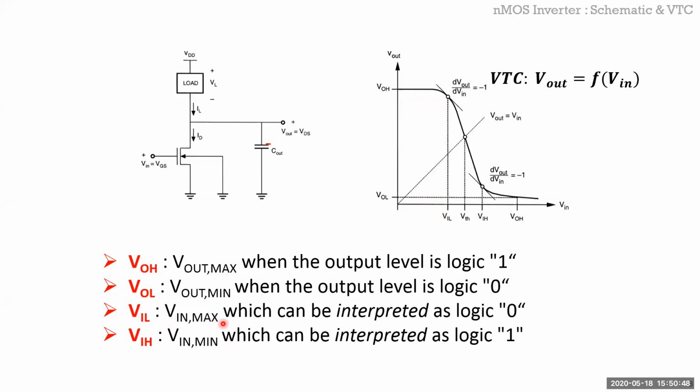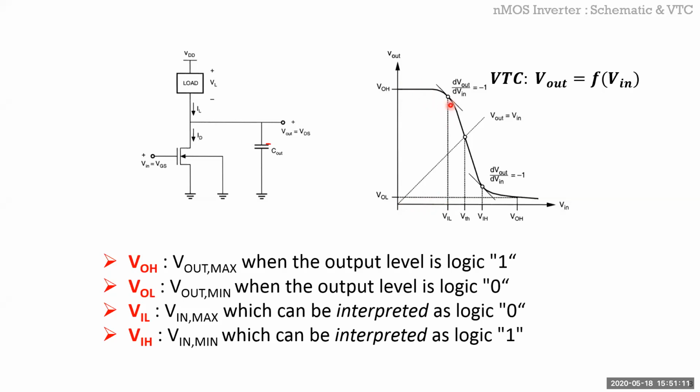So what is the maximum input voltage for which the gate will interpret it as a logic 0? Obviously, if it is 0, the gate will take it as a 0. But since this is an analog voltage and my output is a digital output, there is a range of that voltage for which the output will remain 1.